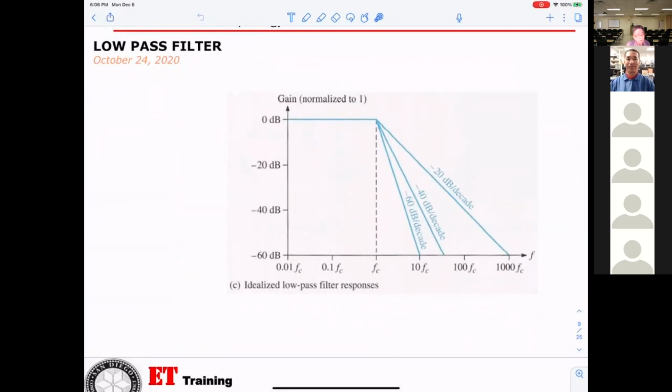And this will show you different low pass filters, 1-pole, 2-pole, and 3-pole. For the 1-pole, you get down 20 dB per decade. However, this is basically the ideal. That's what they want. So any filter that goes close to the ideal will be much better.